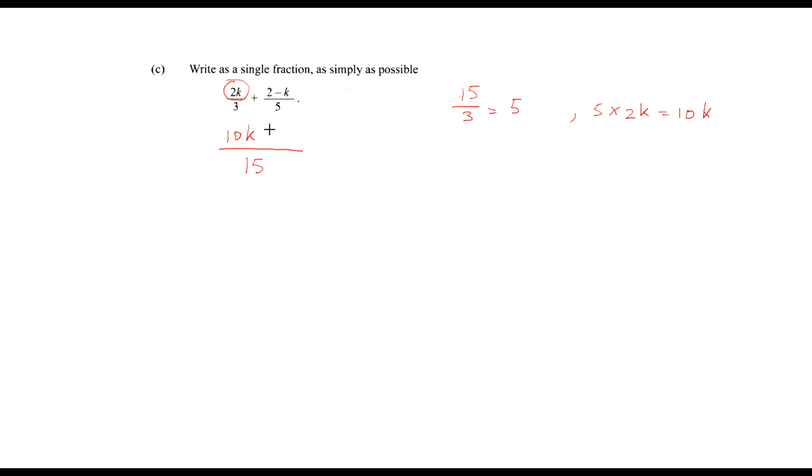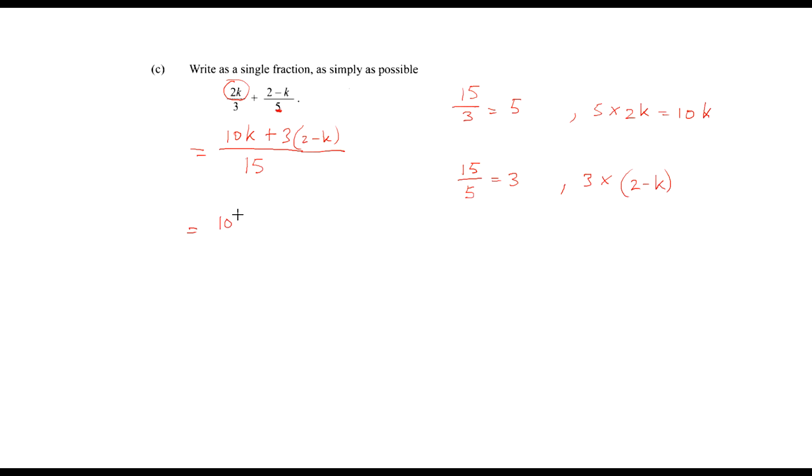I'm going to put back my plus sign. I'm going to take 15 again, and divide by 5. There's this 5 I'm talking about. So I'm going to get 3, and I have to take that 3 and multiply by 2 minus k. So this is the same as saying 3 by 2 minus k.